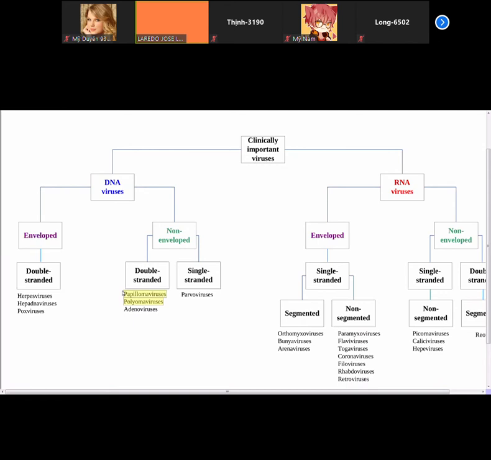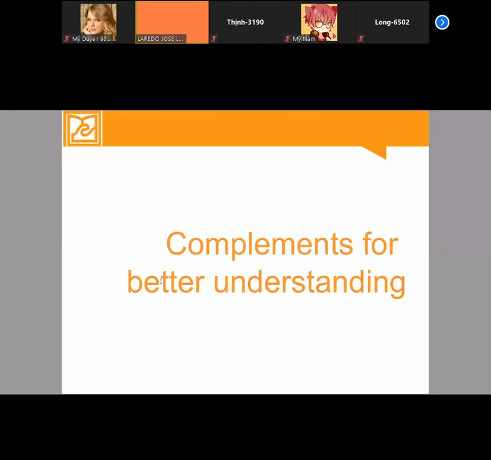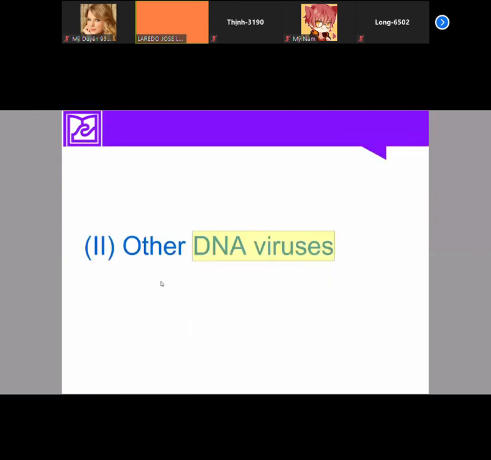But we study only papilloma viruses because we don't have time to study polyoma viruses. And finally, we have adenoviruses, which we are not going to cover because unfortunately we don't have time. So in this class, we are going to study only papilloma viruses. Okay? So this is where we are.